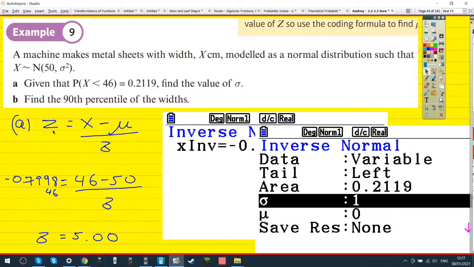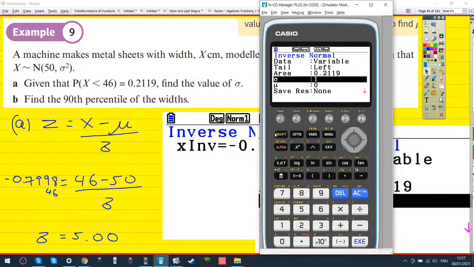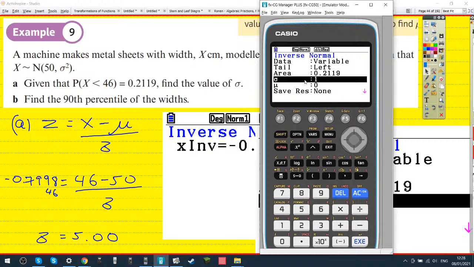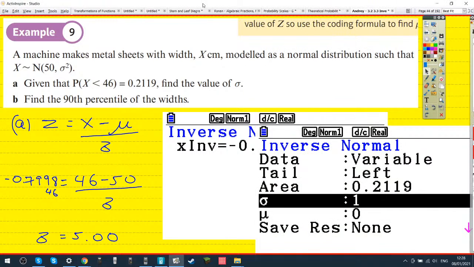Problem is it also has z, and so to get the z, we have to say what z, which is like the standard form of x, will give us an area of 0.2119, and then we work in reverse from there. So for this one, we don't have the deviation, but for the standard normal, we always have the mean and standard deviation. They're always 0 and 1, and so that allows us to do it.